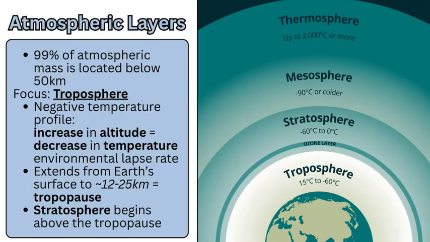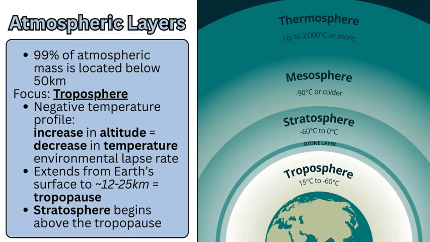So the troposphere is the lowest layer from the surface up to around 12 to 15 kilometers in altitude, and then starts the stratosphere that goes from around 10 to 12, 15 kilometers up to around 50 kilometers in altitude, and you'll see the temperature actually increases as you go up through the stratosphere, whereas in the troposphere, there is an environmental lapse rate that is negative, which means it gets colder as you go higher up into the troposphere.